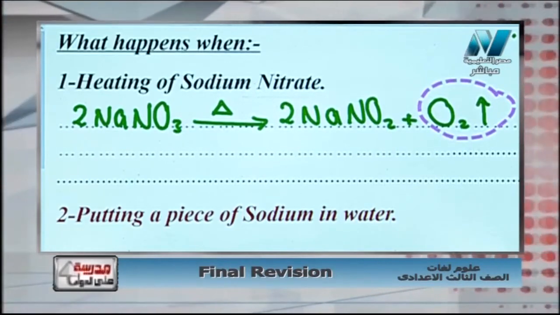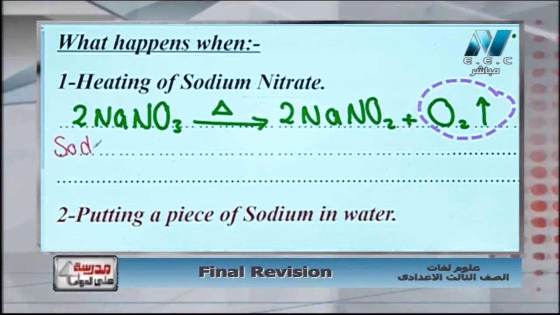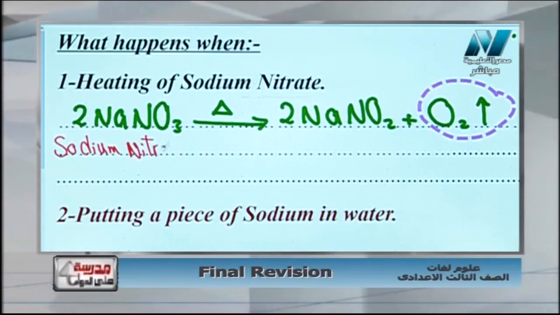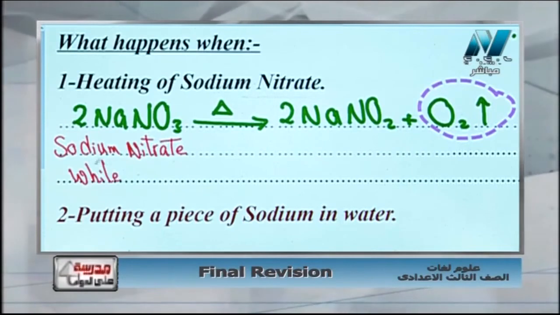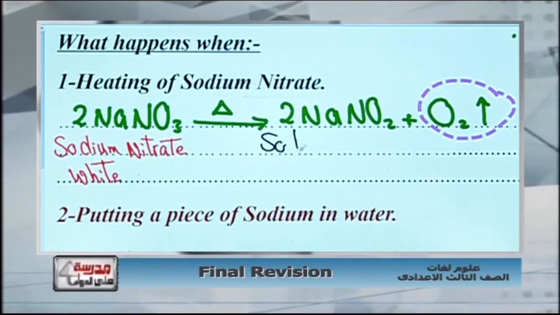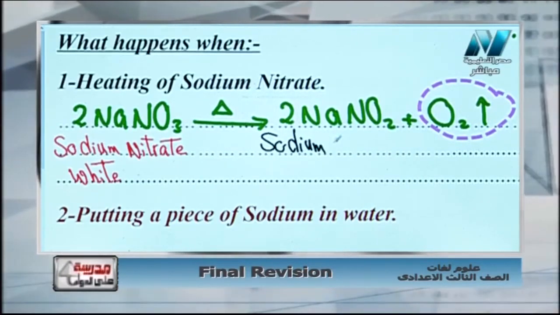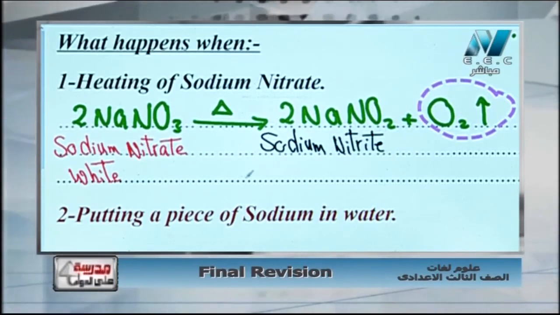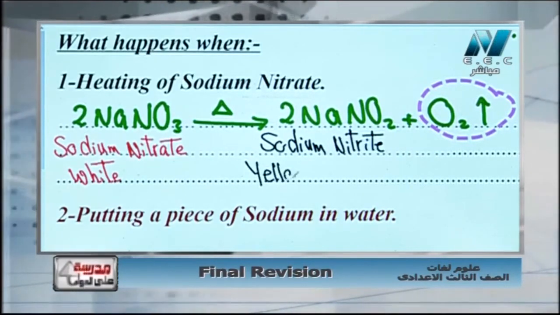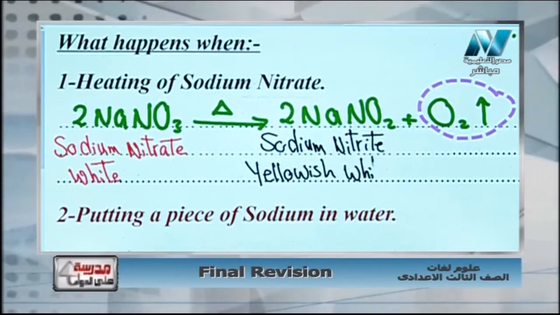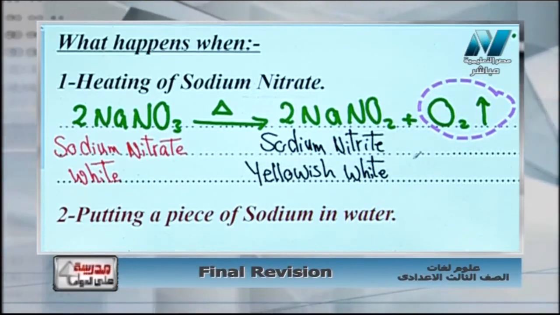يبقى here we have sodium nitrate and its color is white, لونه أبيض, change into sodium nitrite and its color is yellowish white, لونه أبيض مصفر اللي هو الصوديوم نايترايت plus طبعا oxygen.